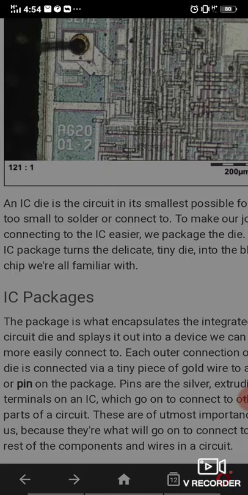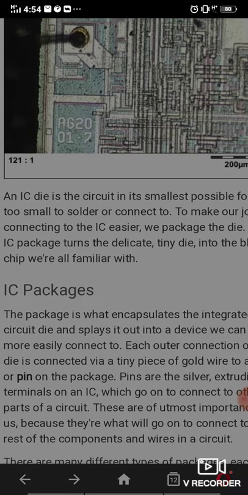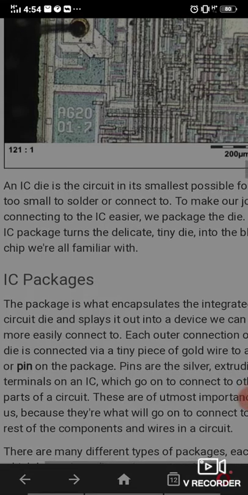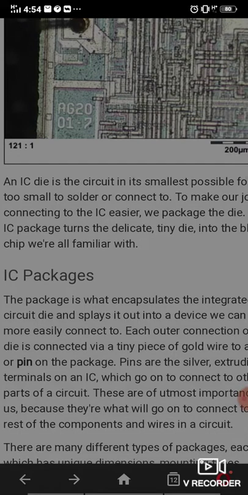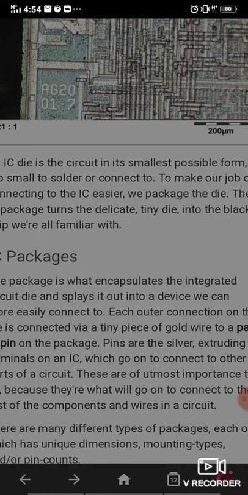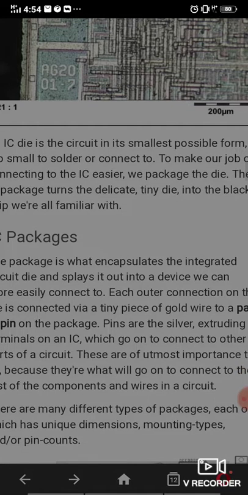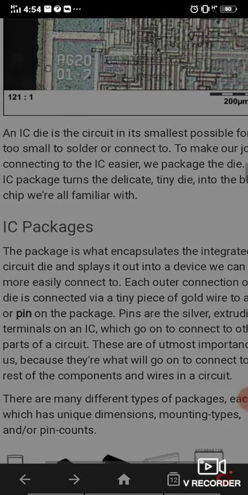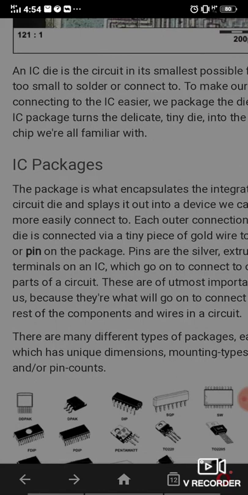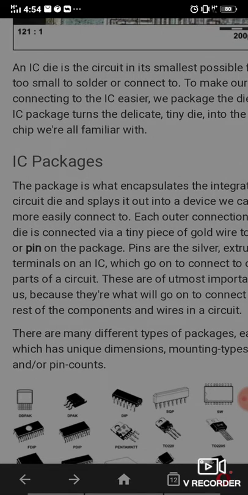IC packages encapsulate the tiny die into the black chip we are familiar with.